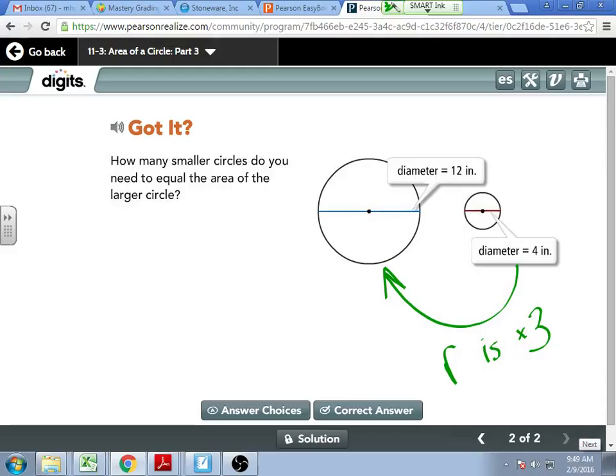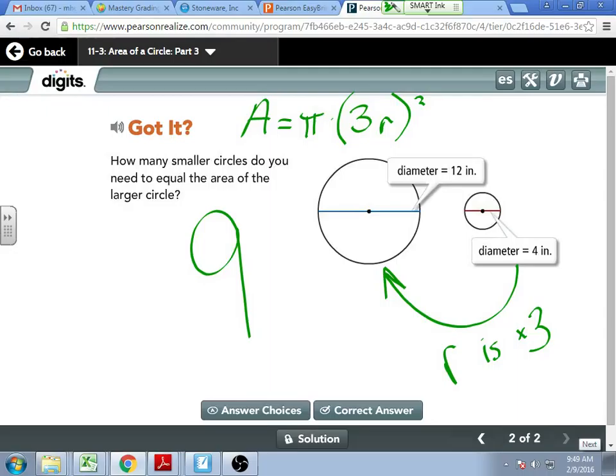But if my radius gets multiplied by 3, how many little circles would it actually take to equal the bigger circle's area? How many, Oriana? 9. If you square your 3, if my radius is tripled, my area is times 9.